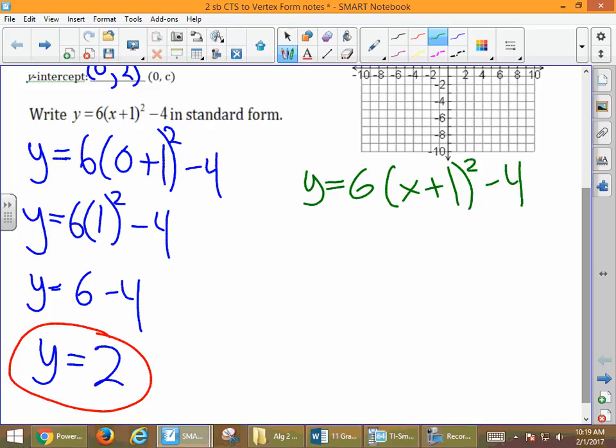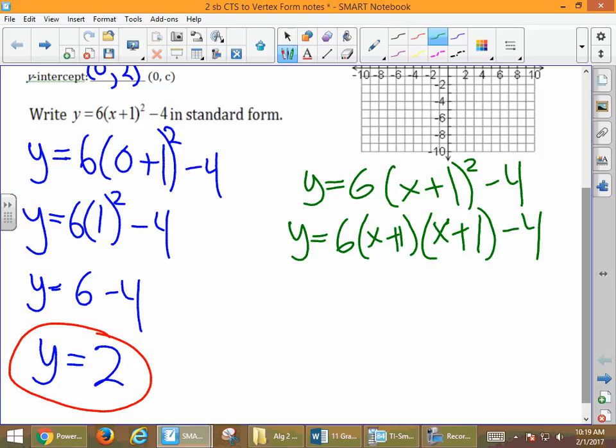And because this (x plus 1) is squared, we can rewrite it as y equals 6(x plus 1)(x plus 1) minus 4. And so we can decompress it and expand it out, with the two (x plus 1)s being multiplied by each other.